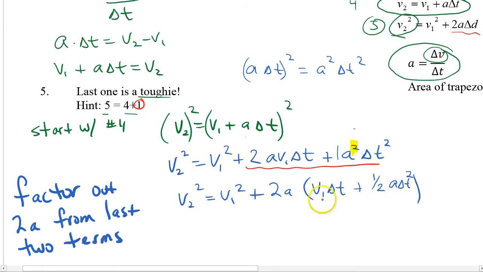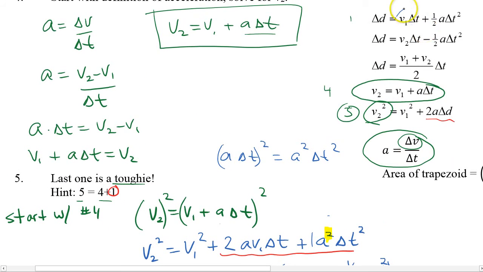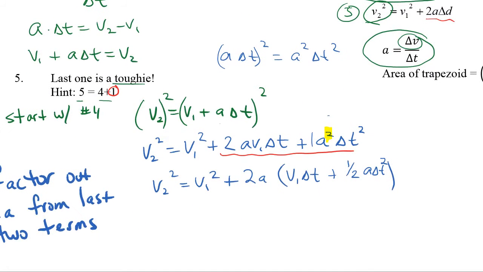Okay, now check it out. v1 delta t plus 1/2 a delta t squared. That is so cool because that is exactly that part. So now we're going to substitute. Maybe I'll write a little line in between.